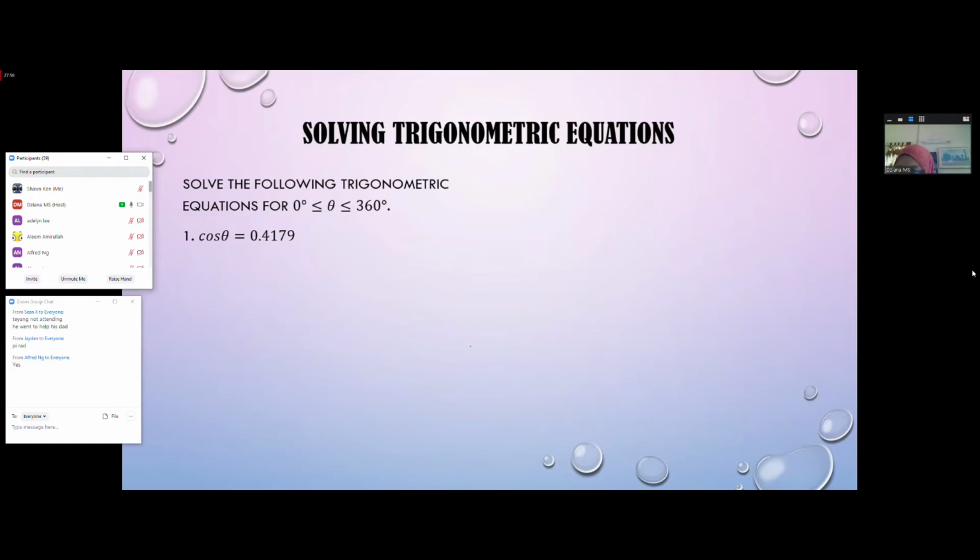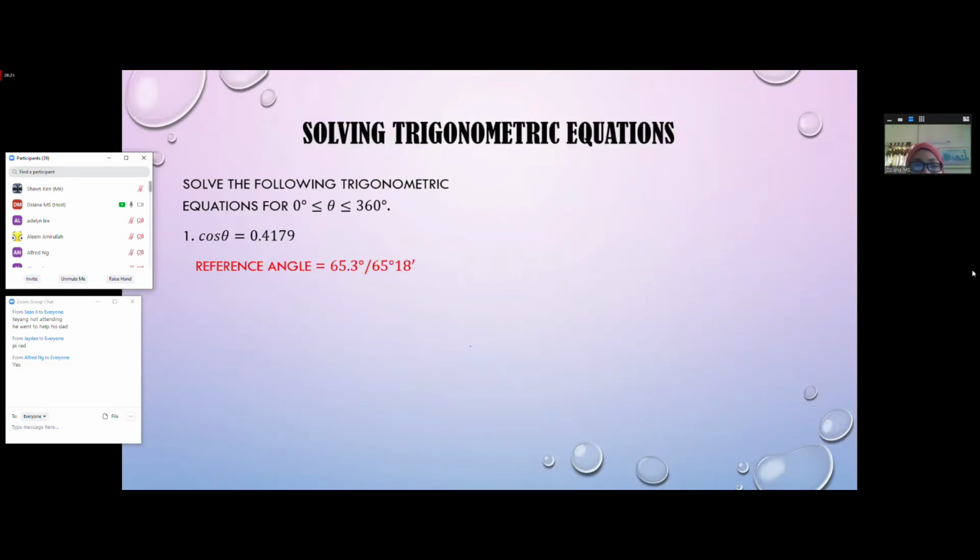Find the angle if cos theta is 0.4179. I need your calculator. Just shift cos to find the reference angle. Always find the reference angle first. I just use my calculator, shift cos, 65.3.